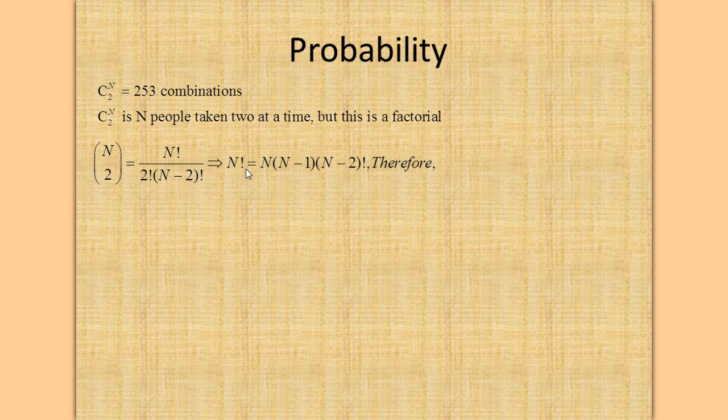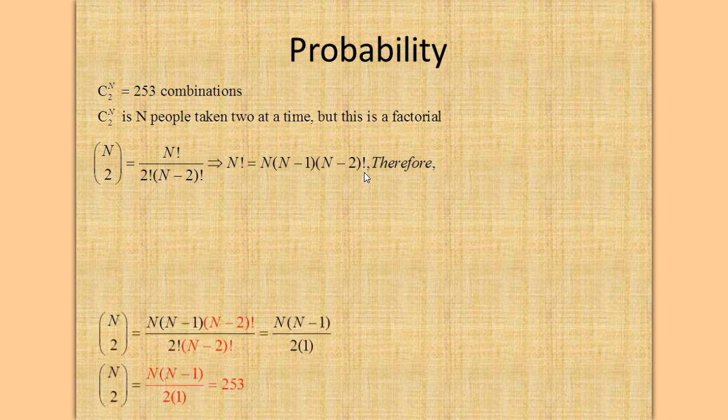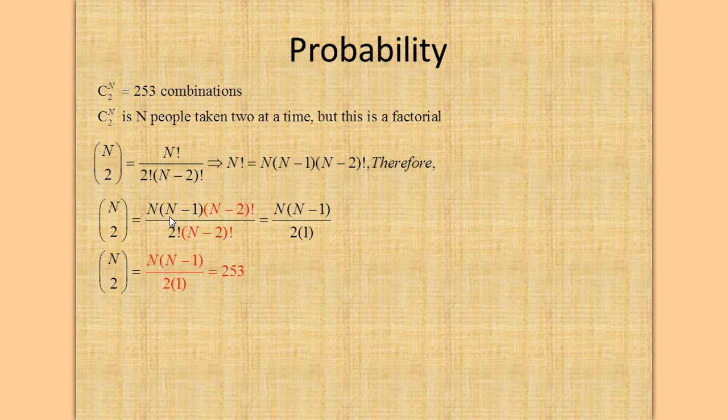N factorial is equal to n times n minus 1 times n minus 2 factorial. So replacing n factorial, we get n times n minus 1 times n minus 2 factorial divided by 2 factorial times n minus 2 factorial.